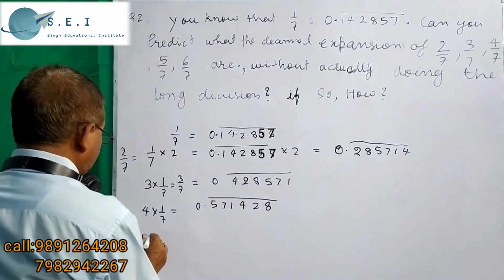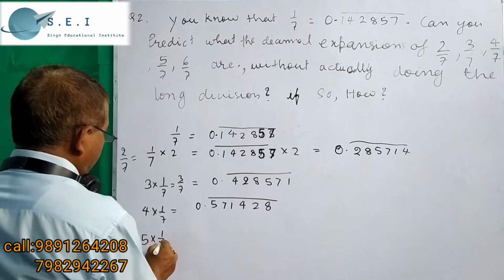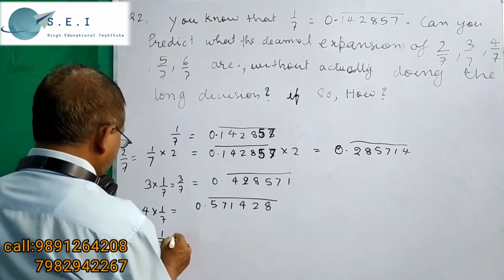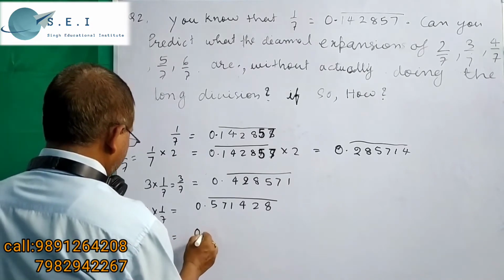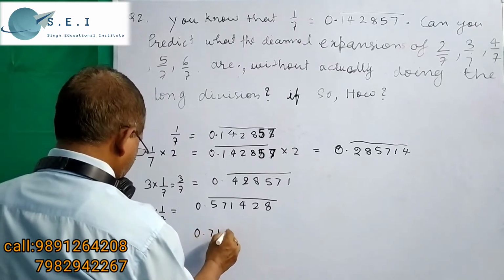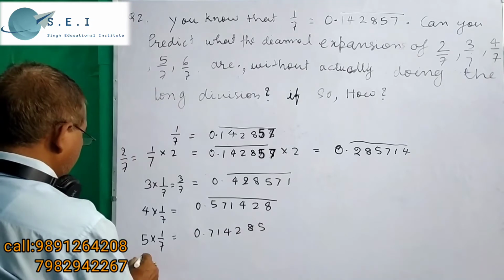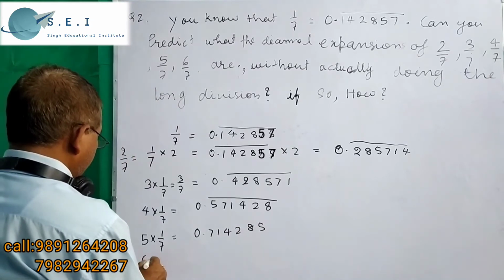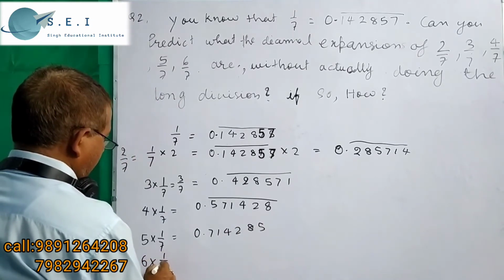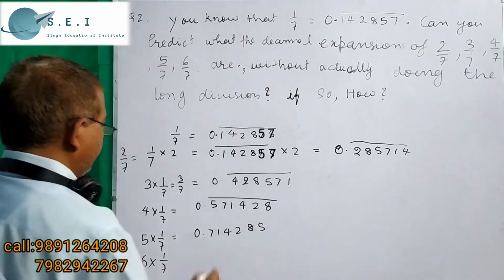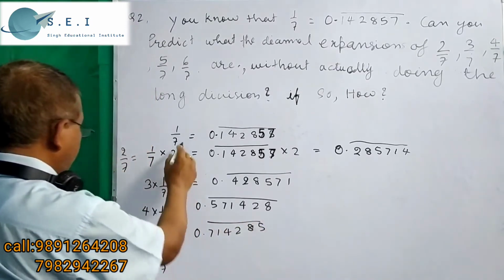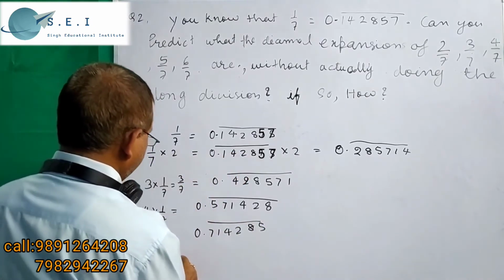5 by 7 is equal to 5 multiplied by the value of 1 by 7, which is equal to 0.714285. Similarly, the value of 6 upon 7 can be obtained by multiplying the value of 1 by 7 by 6.